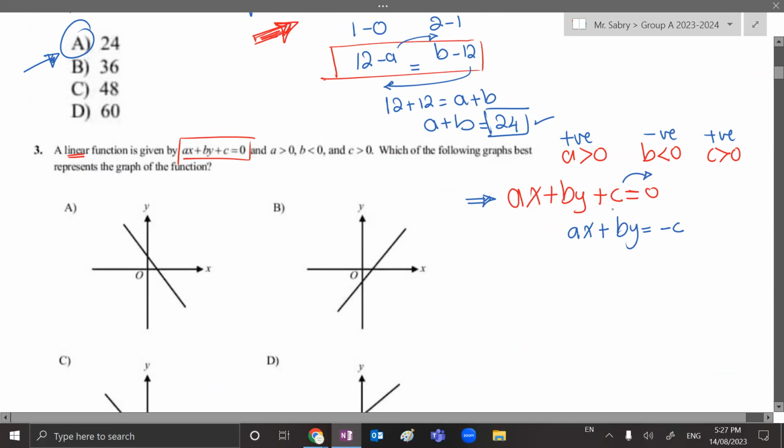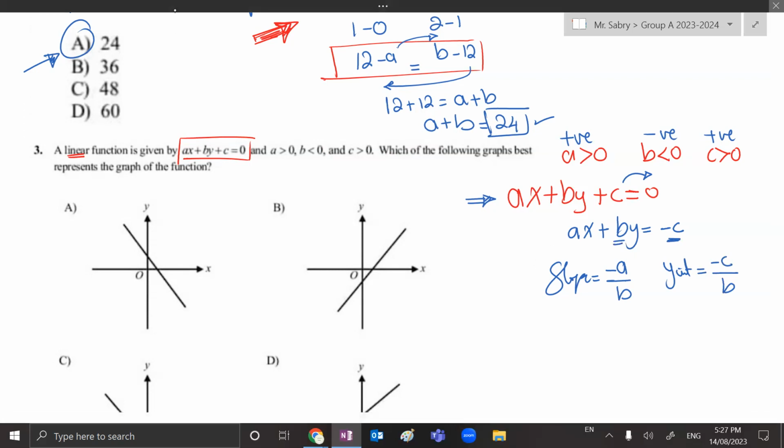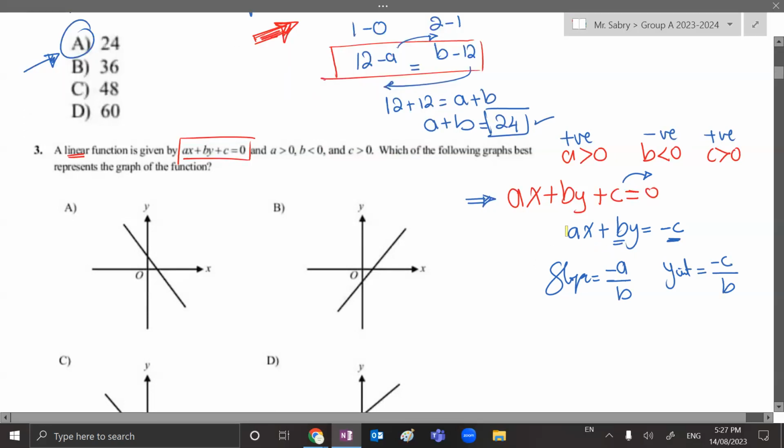But what do we know about those equations? We know that the slope of this is supposed to be equal to negative a over b, while the y-intercept is supposed to be equal to negative c, which is this number here, over b, this number there. Meaning we only switch the sign of the number next to the x, but the b and the c will be taken with the same signs as they are.